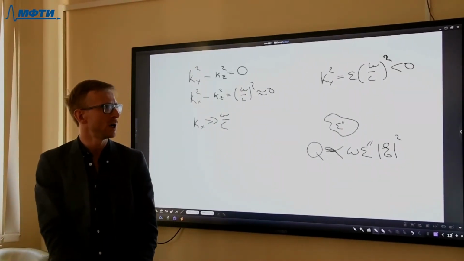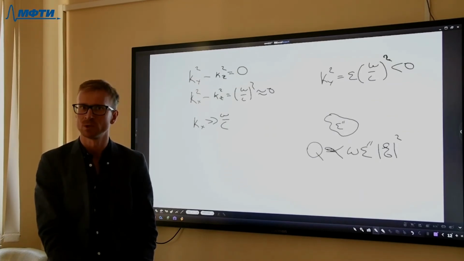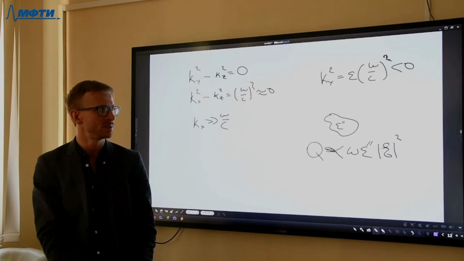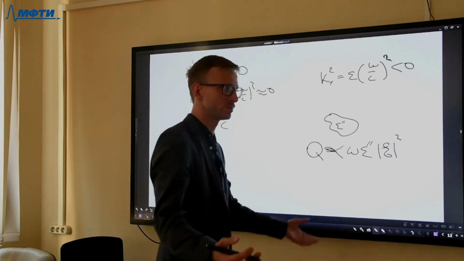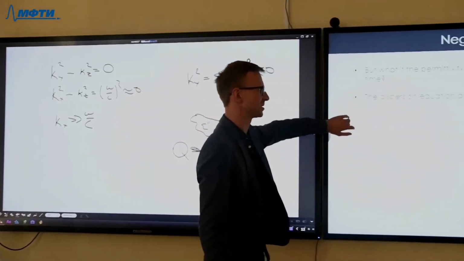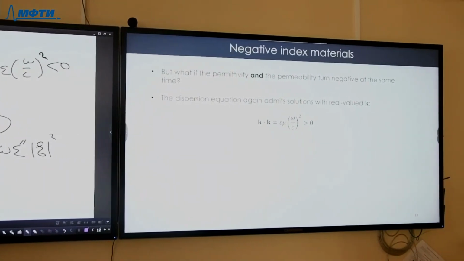Okay, so now let's explore the more exotic case when both the permittivity and the permeability turn negative at the same time. And of course, we're gonna start with the same dispersion relation because it remains valid in this case. So now K dot K is again positive because both epsilon and mu are negative.